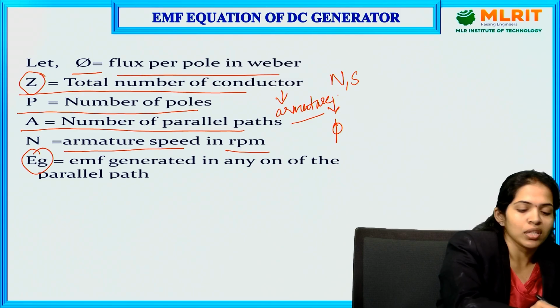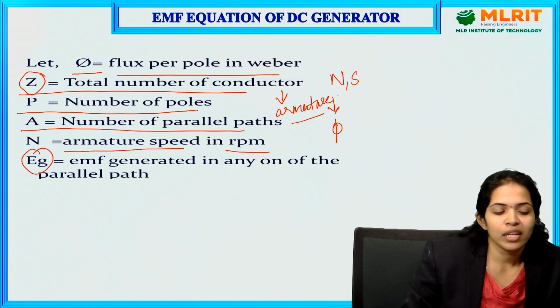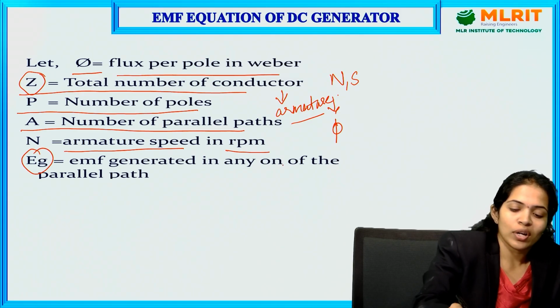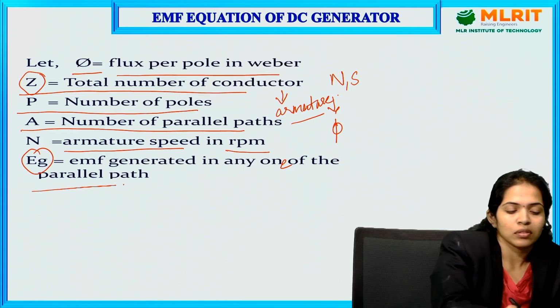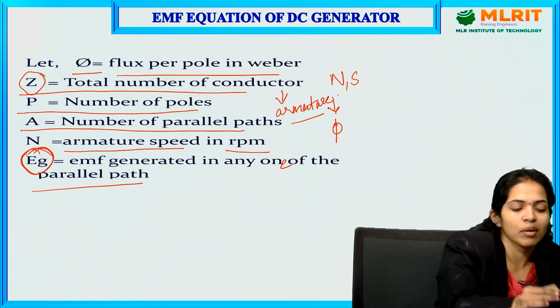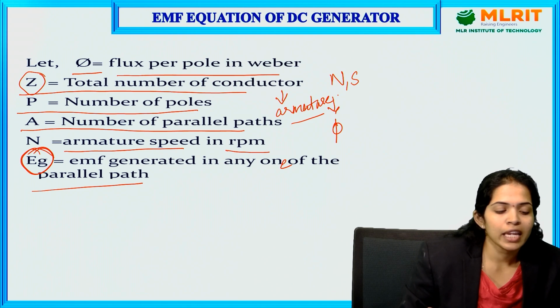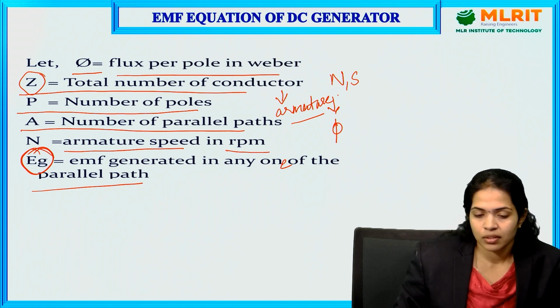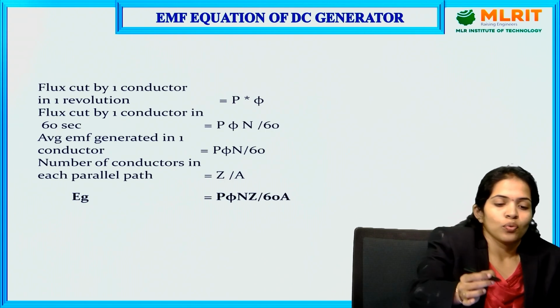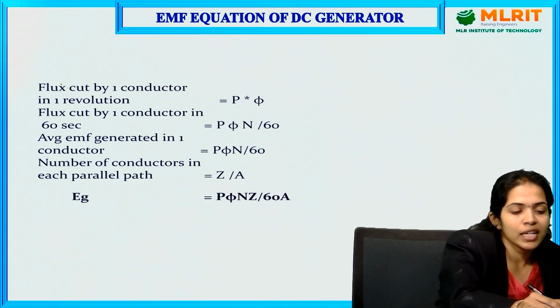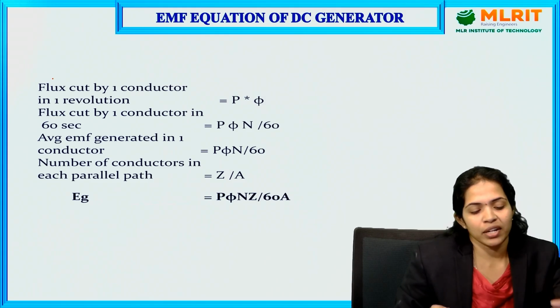EG is the EMF generated in any one of the parallel paths. So this is the generated EMF. Let us consider EG as the generated EMF in any one of the parallel paths. Now let us consider the flux cut by a conductor.